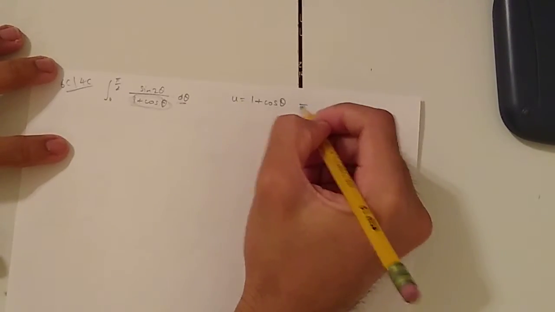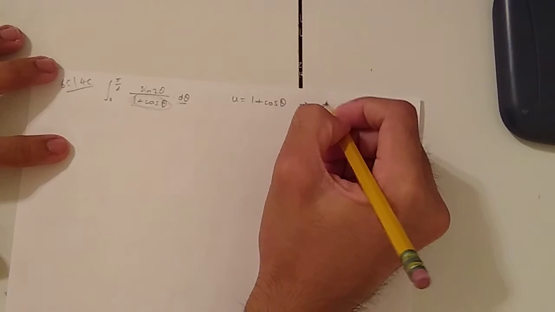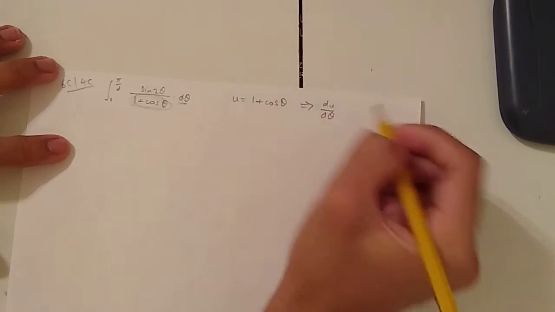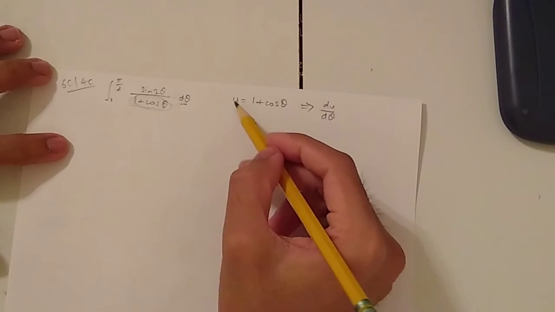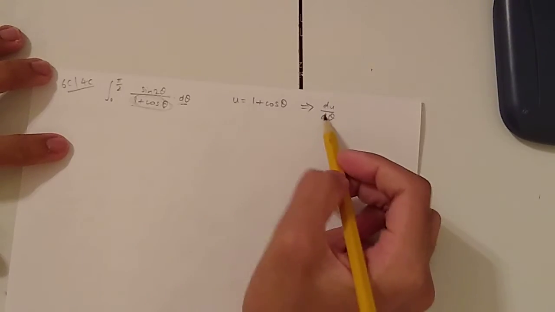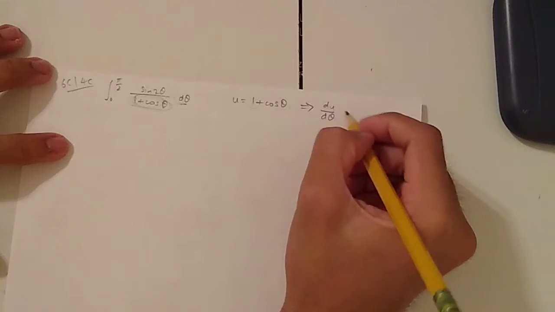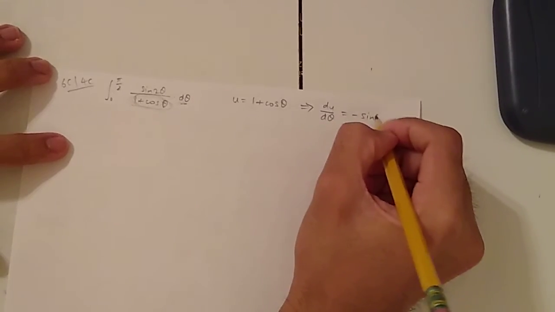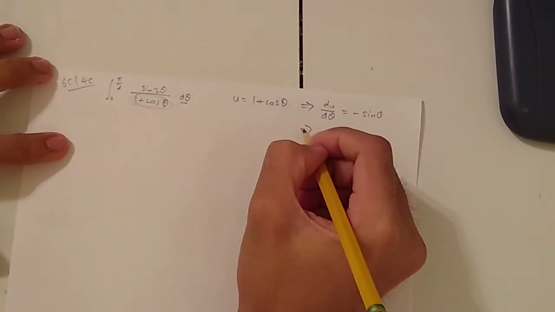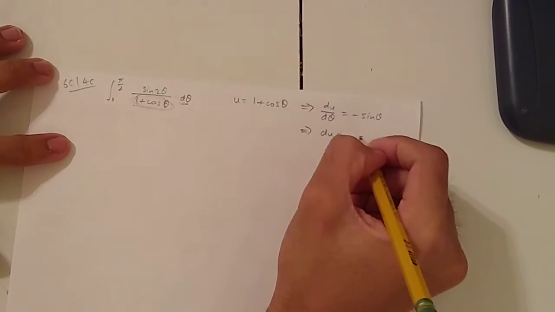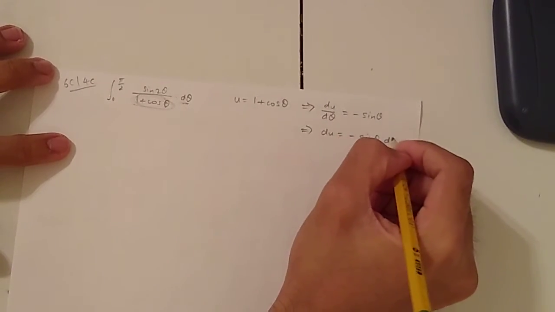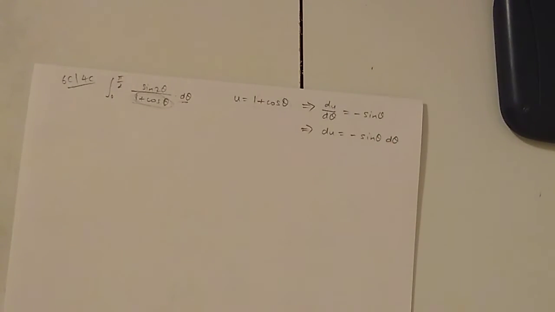If you differentiate, you get du by d theta equals minus sin theta. Or in other words, if you rearrange this, you get du is equal to minus sin theta d theta.